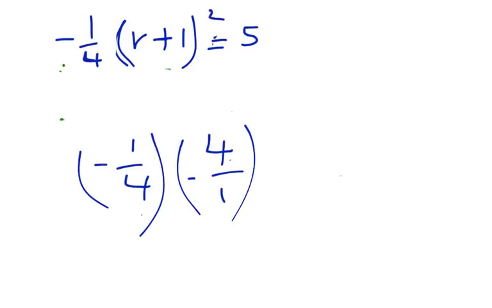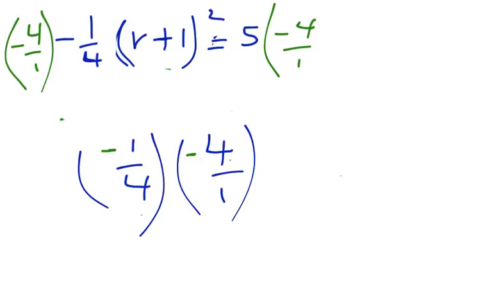Whenever you have only one negative, erase it there and put it in the number on the top, so you don't get confused. That means I'm going to multiply both sides by negative 4 over 1. Why?